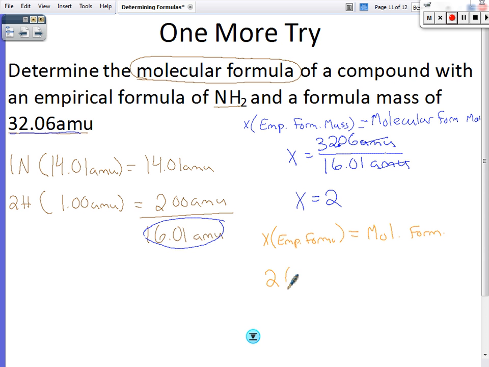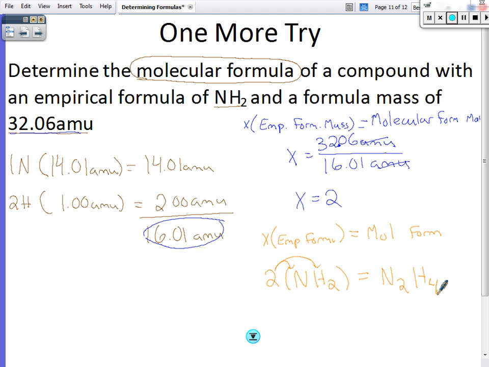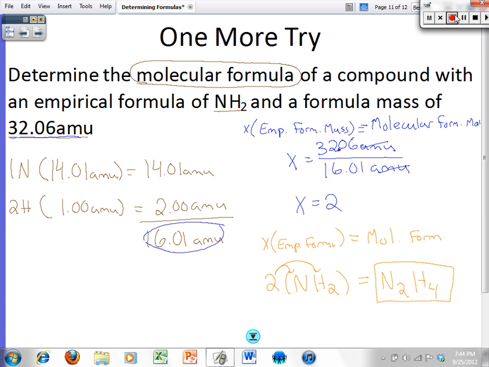My empirical formula is NH2. I go ahead and distribute my 2. And I go ahead and get a molecular formula of N2H4. Yeah, so N2H4. And that gives me the formula of my molecule, which is a different molecule from NH2.